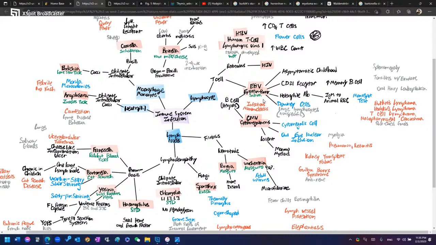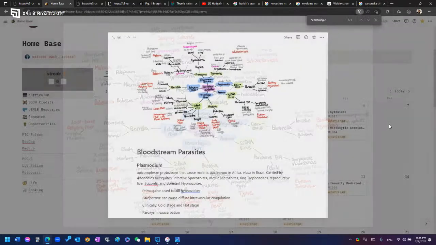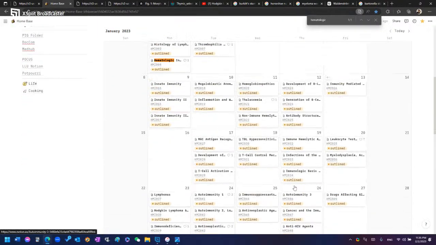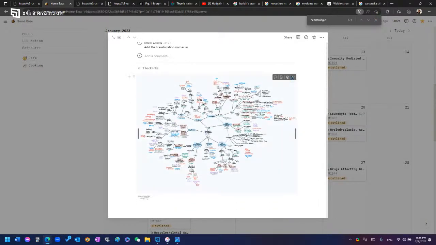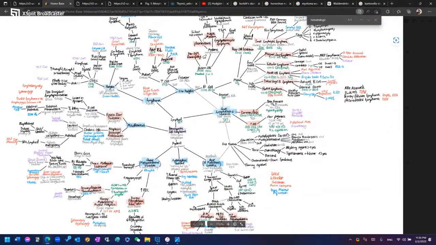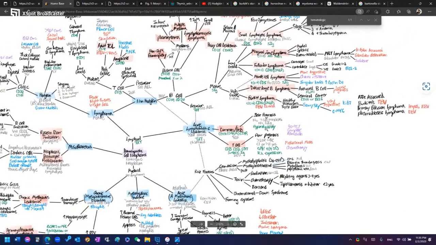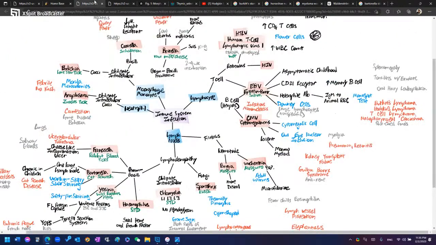It's going to cause your, dang it. It's going to cause your Burkitt's lymphoma. Sorry, I forgot about that. Burkitt's lymphoma. There's a lot to worry about for EBV.